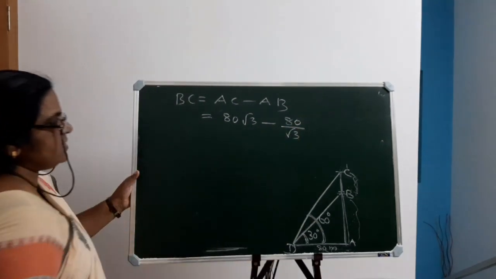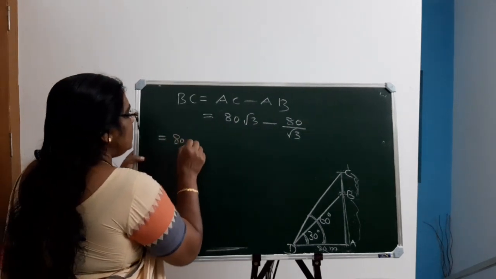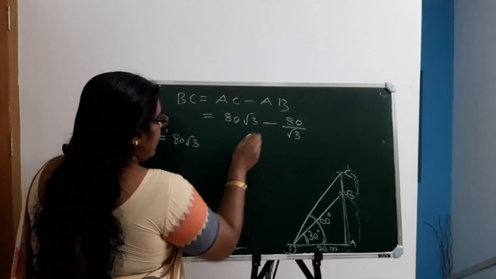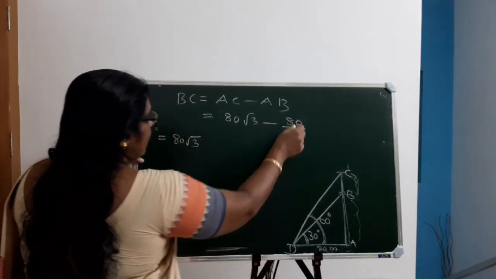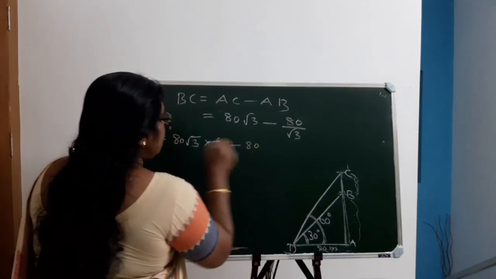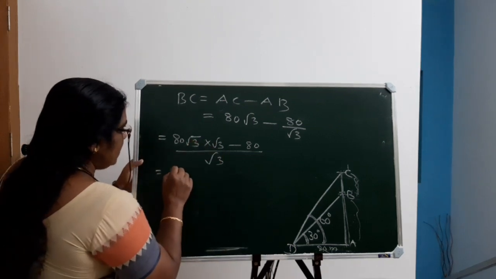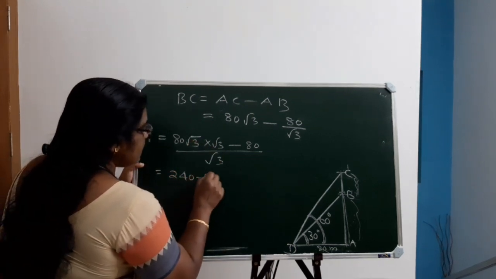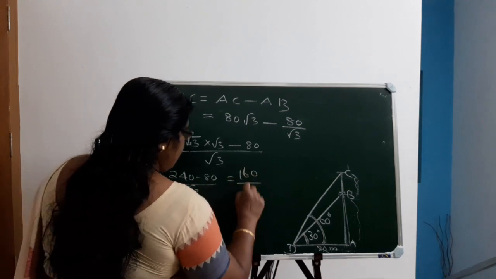So simplify this one. Take the LCM, root 3, as the LCM. 80 root 3 into root 3 minus 80, the whole divided by root 3. It is equal to 80 into 3, 240, minus 80, divided by root 3. This is equal to 160 by root 3.